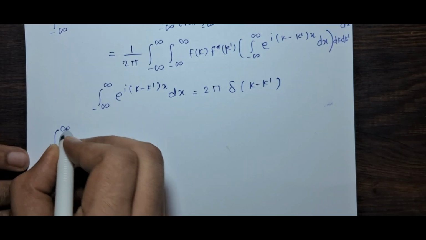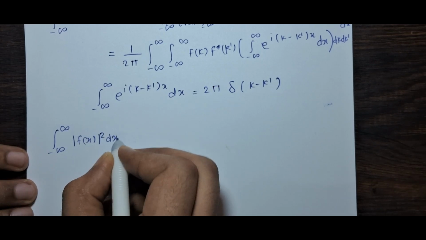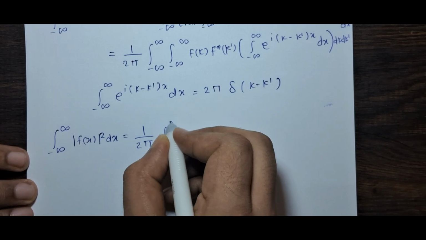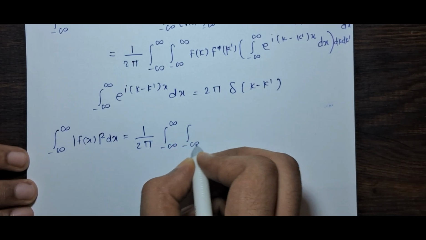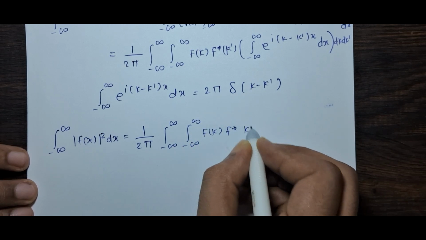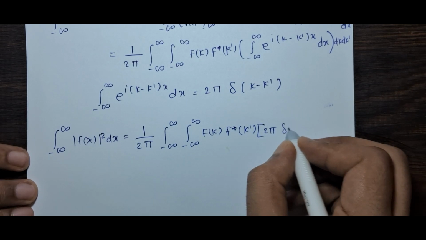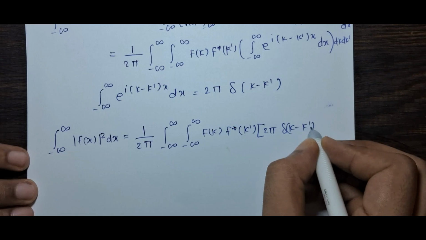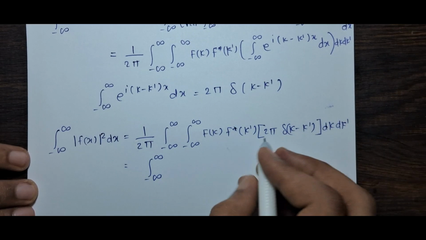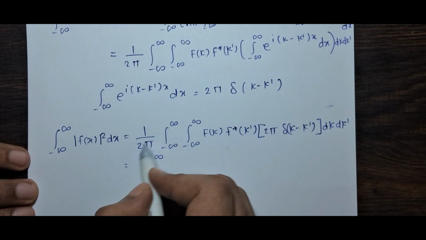Minus infinity to infinity f of x square dx is going to be 1 upon 2 pi, minus infinity to infinity, minus infinity to infinity, again f of k f star of k dash 2 pi delta k minus k dash dk dash.